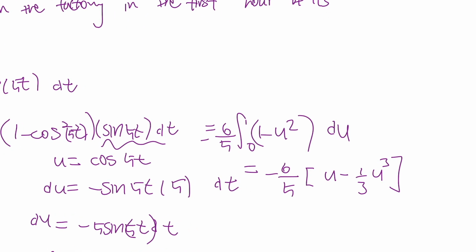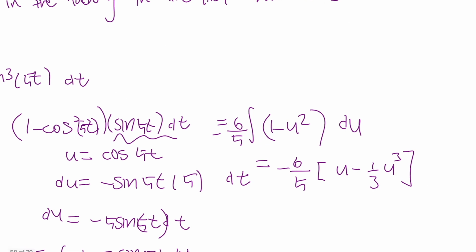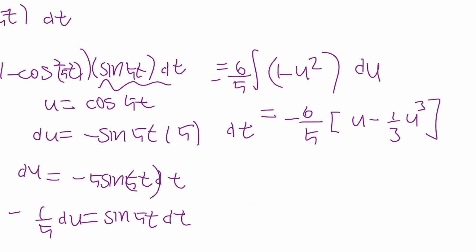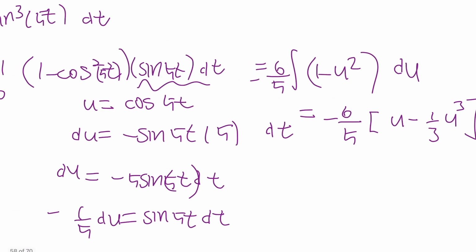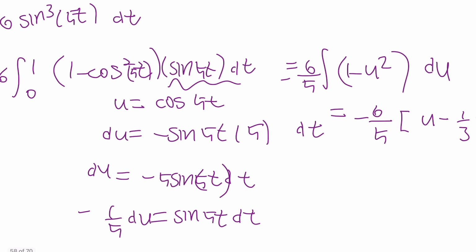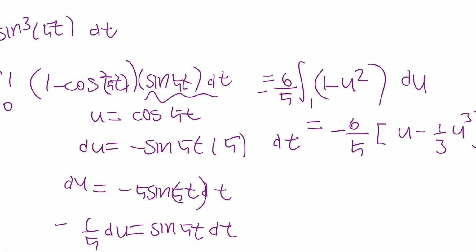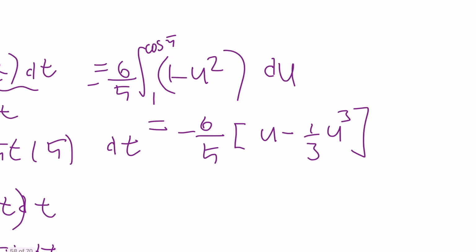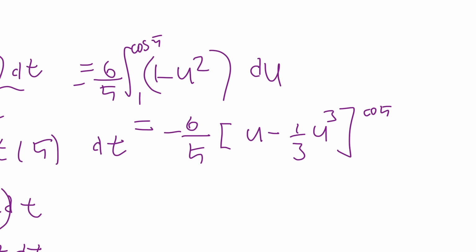Then instead of 0 to 1, we have to put our changed interval. Plugging in 0 to cosine 5t gives us 1, and then we get cosine 5.